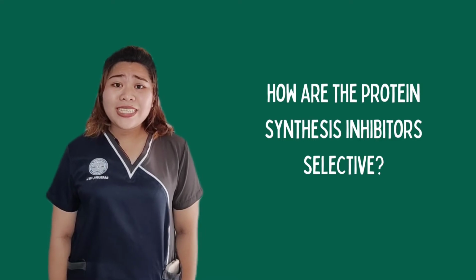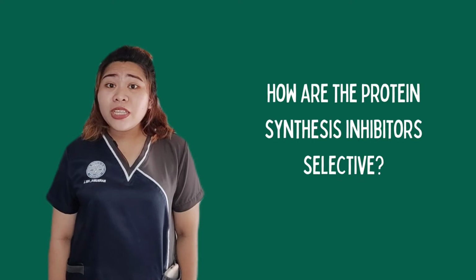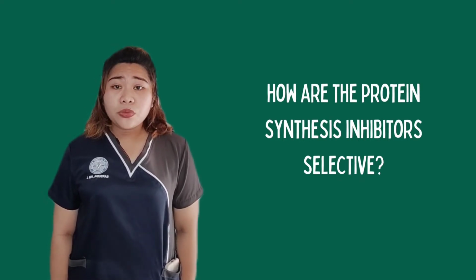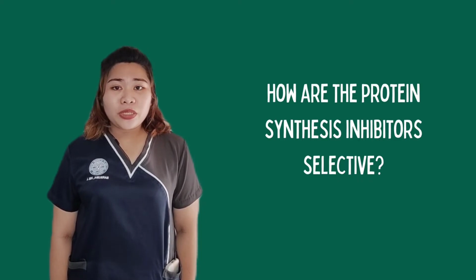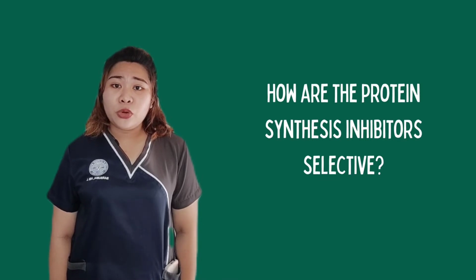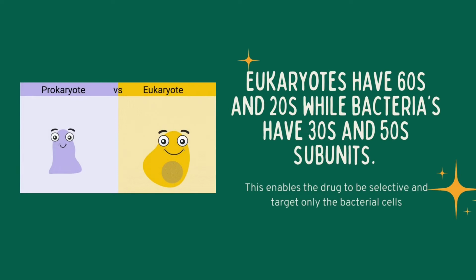Well, notice that they only inhibit the protein synthesis of bacterial cells, but not the cells of the organisms which consume them. Bacterial cells are prokaryotes, which means that they have a different mechanism than that of the human or animal eukaryotic cells. This specifically is the number and the structure of the ribosomal subunits.